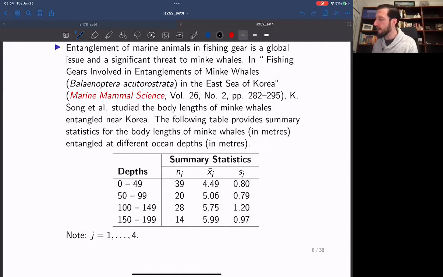Okay, so we have 4 different depths. So we could think of this as population 1, which is your 0 to 49 meters of depth.